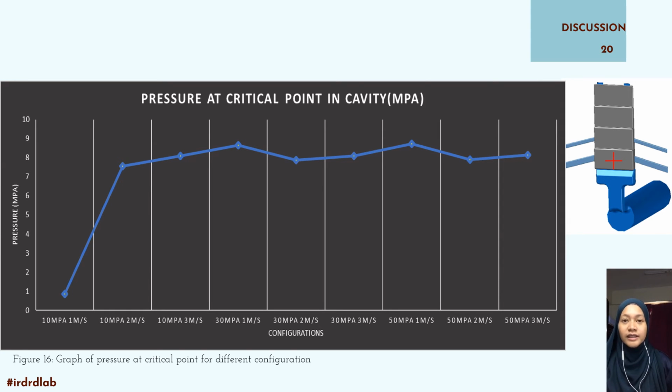Based on the graph, the 3 highest pressures at the critical point are chosen from 9 configurations. The 3 configurations are 30 MPa with 1 meter per second of velocity, 50 MPa with 1 meter per second velocity, and 50 MPa with 3 meters per second velocity.